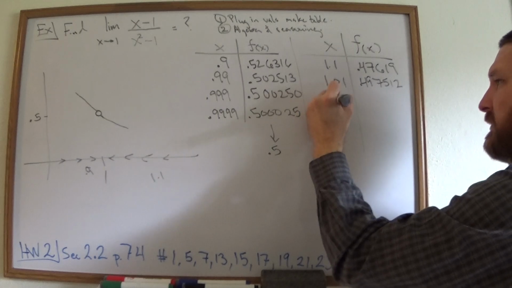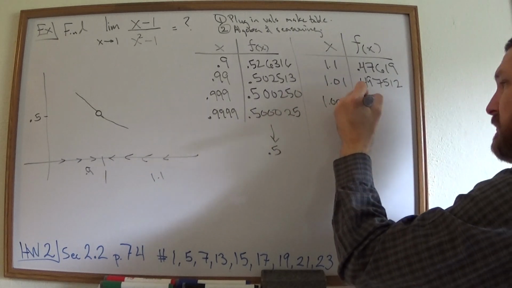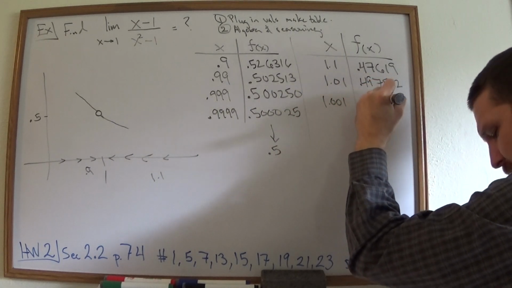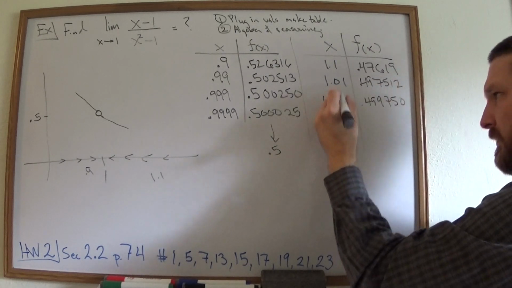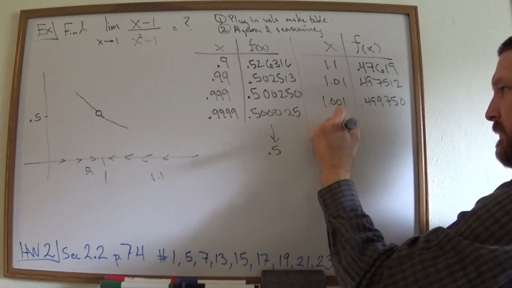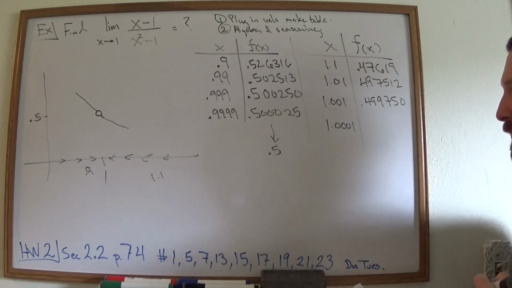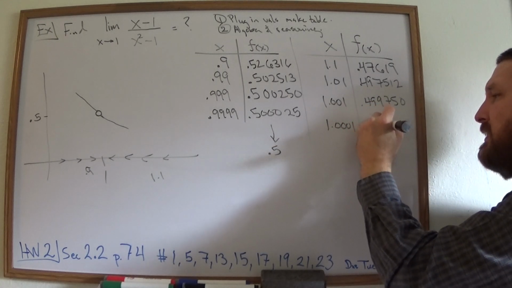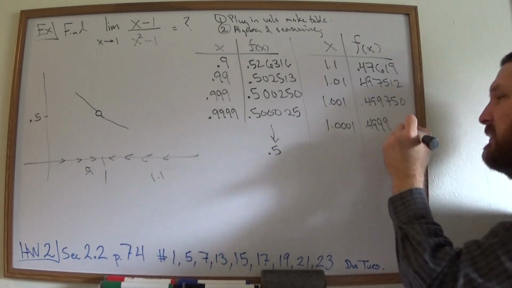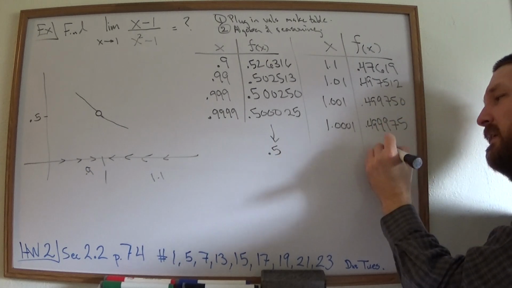The next one, 0.001, gives me 0.499750. Now I go for broke and plug that in, and I get 0.49975. What does it look like it's going to?